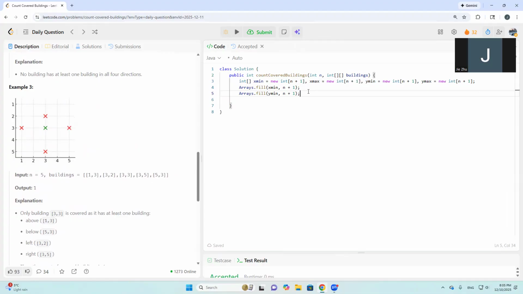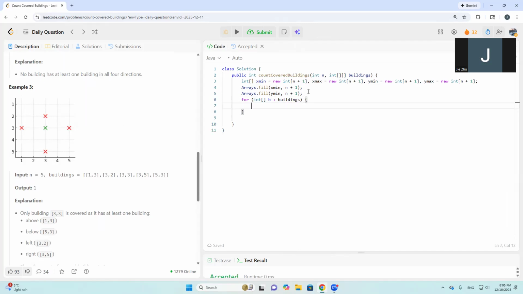Then what we do is iterate over every building. We say x min b1 equals Math.min of b0, where b0 is the x coordinate, and x min b1.